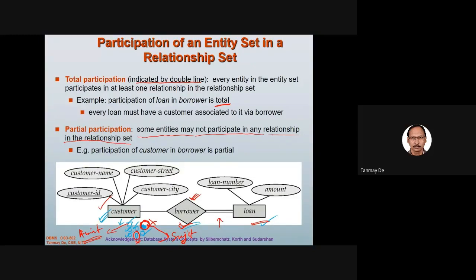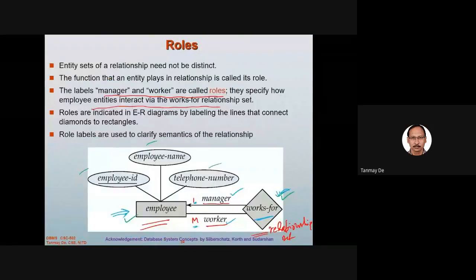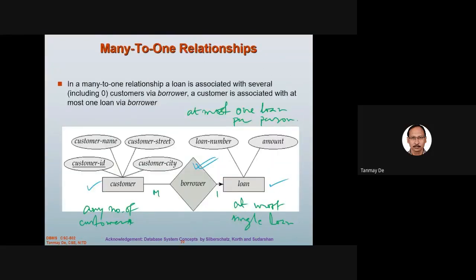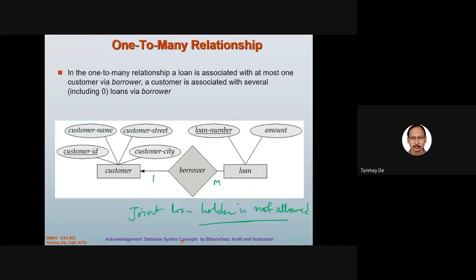But if you see our previous example here, I can show it as a single line. Single line means partial participation, but loan is not a partial participation with the borrower relationship.